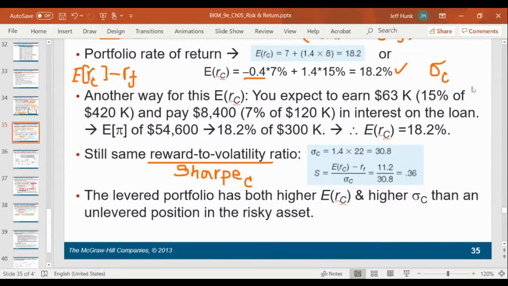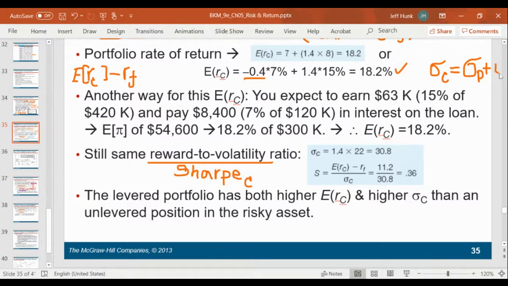The standard deviation of the complete portfolio is basically only the standard deviation of the risky portfolio. Why?